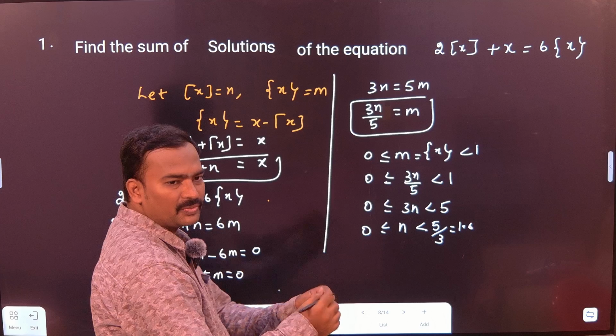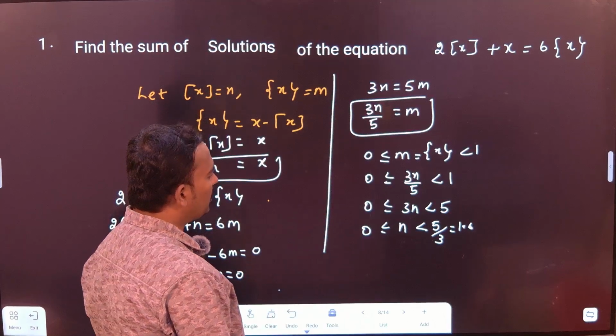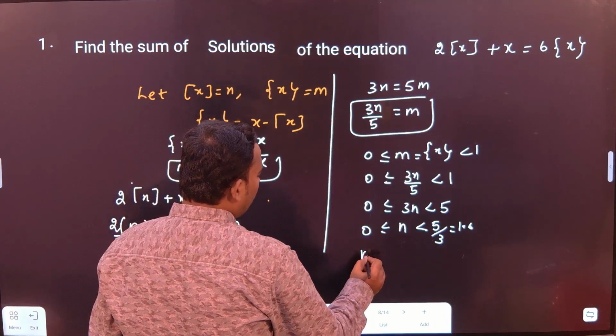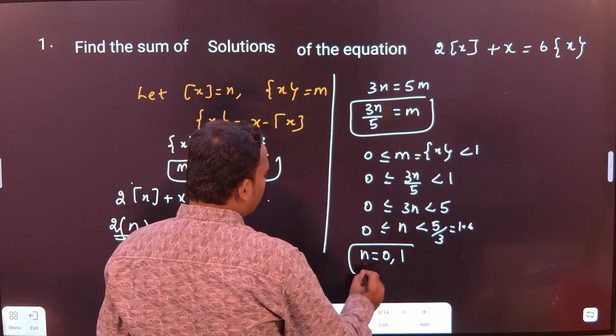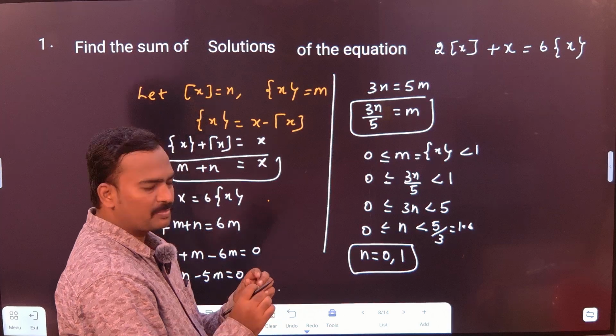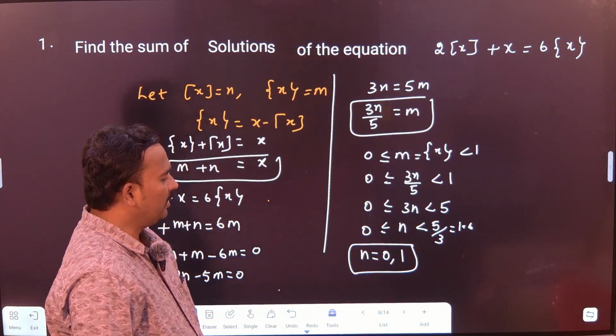So what are the integers from 0 to 1.6? You can take n equal to 0 and 1 only. These are the only integers from 0 to 1.6.